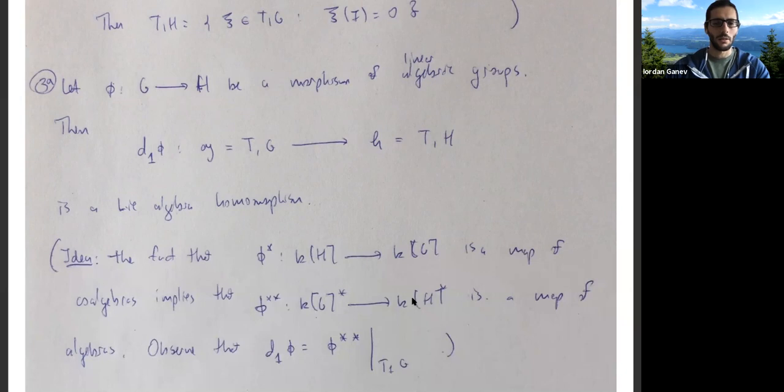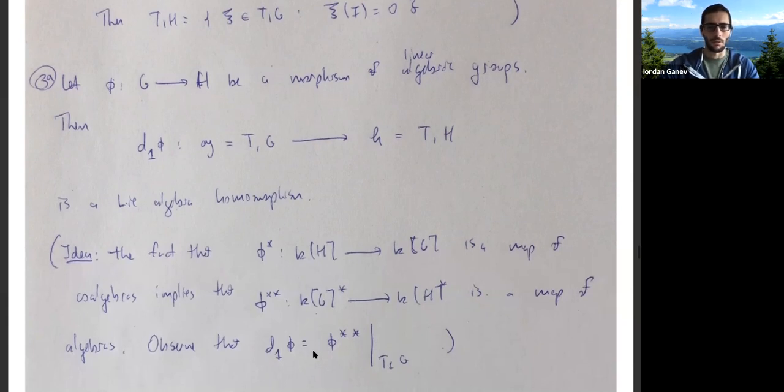And then you can just check that the differential at the identity of phi is just this double dual restricted to the tangent space at the identity of G. So that's what's going on there.